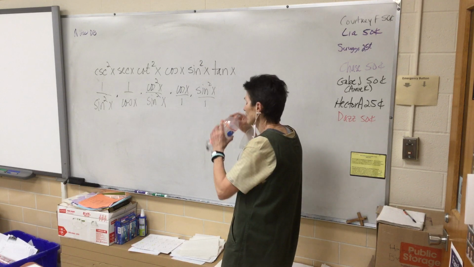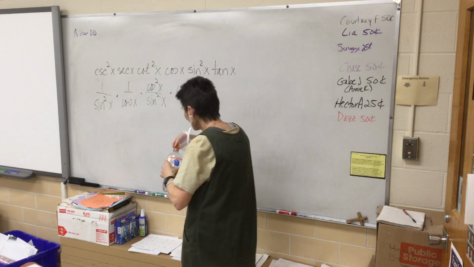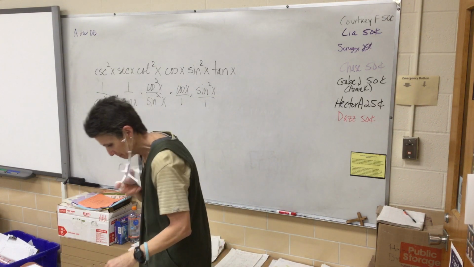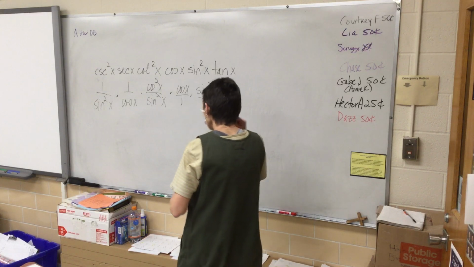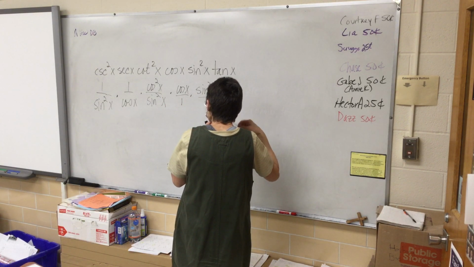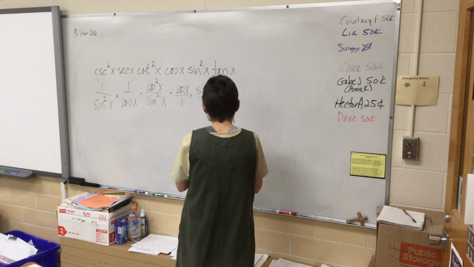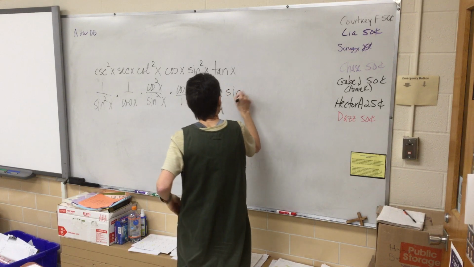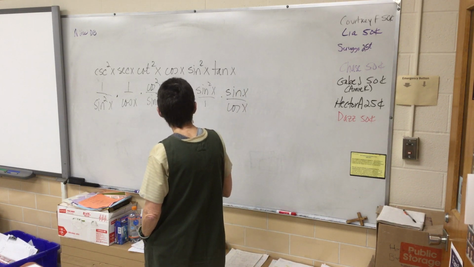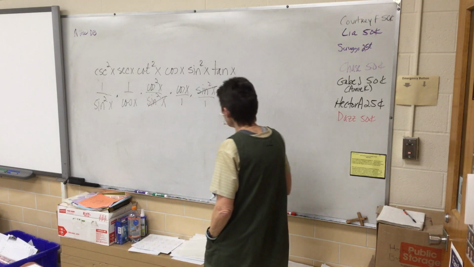Okay, what's tangent? Sine over cosine. So I'll change that to sine over cosine. And then I'll just start canceling. Hopefully stuff will cancel. So I see a sine squared here and a sine squared here, so I'm going to go ahead and cancel those out.